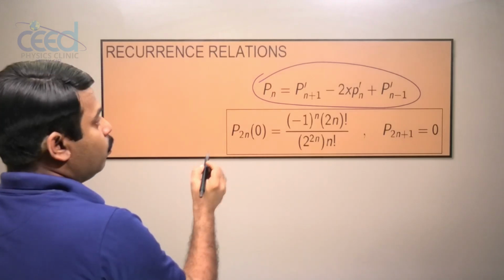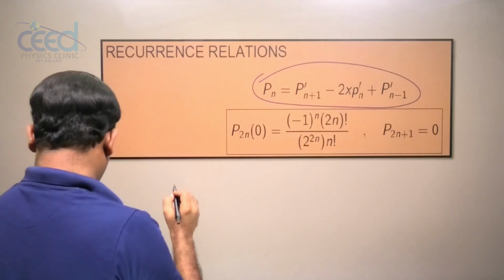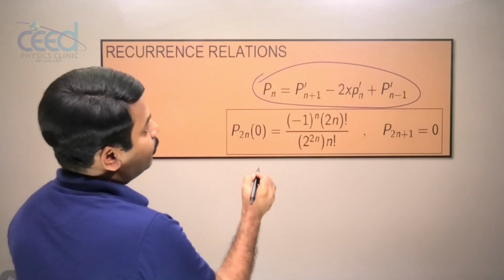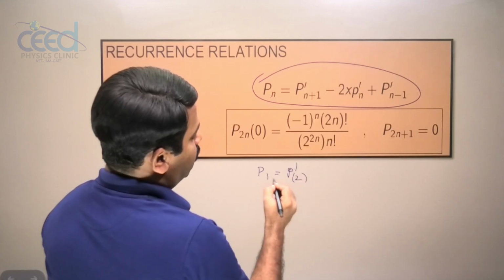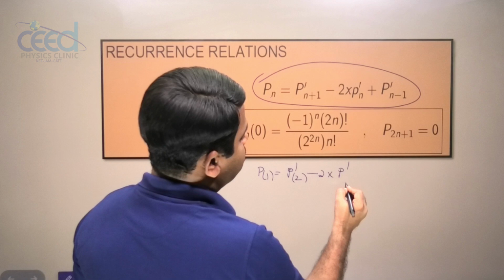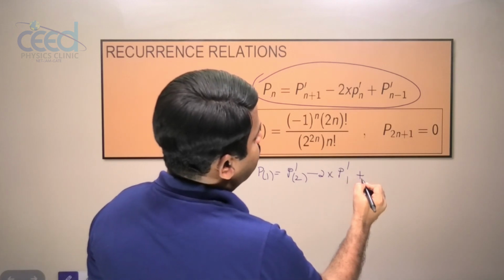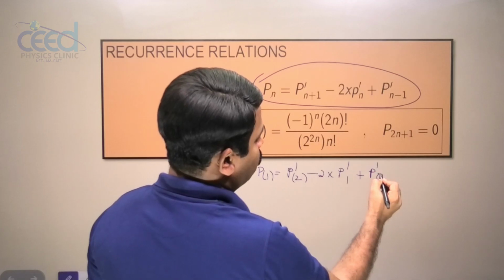Now put n is equal to 1 here. So n equal to 1 means P1 is equal to P dash 2 minus 2x into P dash 1 plus P dash 0.